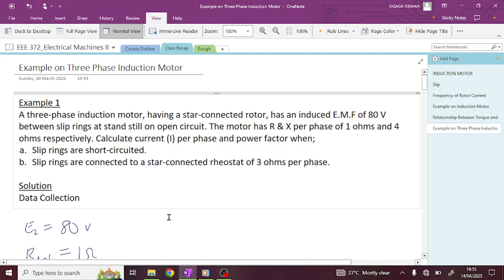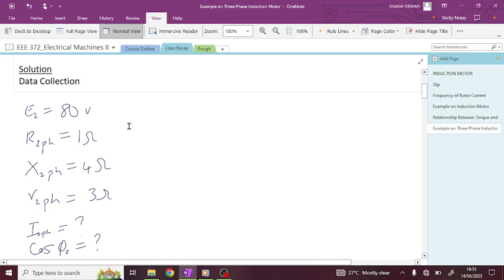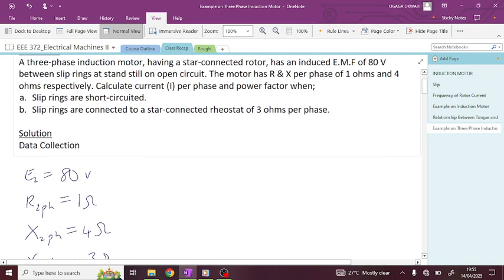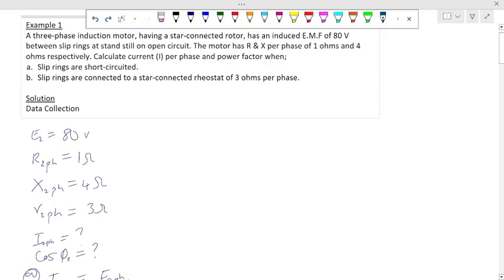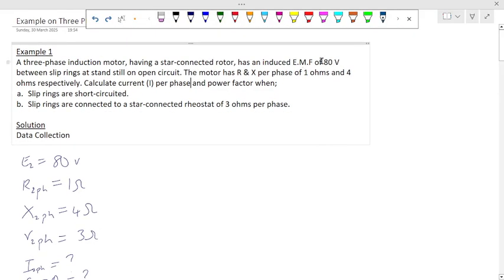Solution. First thing first, data collection. From the question we have the rotor EMF, which is 80 volts. Then we have the resistance per phase, which was stated as 1 ohm, and reactance per phase 4 ohms respectively.